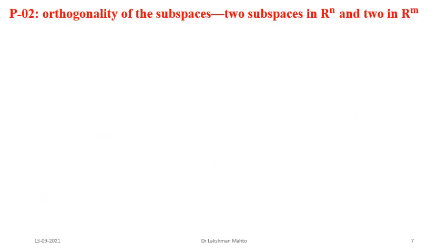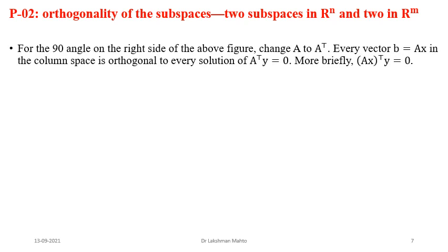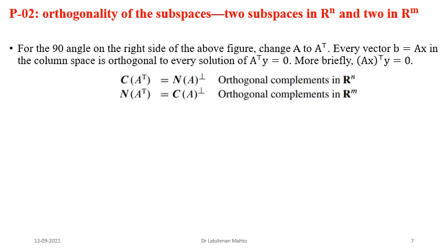Same thing I have explained here in detail, so I would like to skip what I discussed there. In short, in the source space, the null space of A and the row space of A both happen to be orthogonal complements of each other. That means the orthogonal complement of the row space is the null space, and vice versa, the orthogonal complement of the null space is the row space.